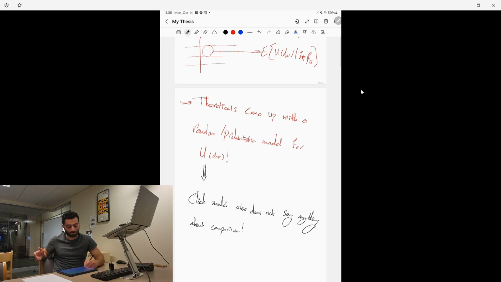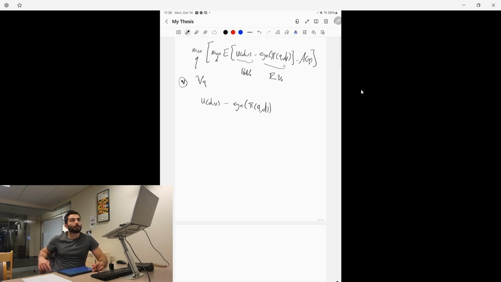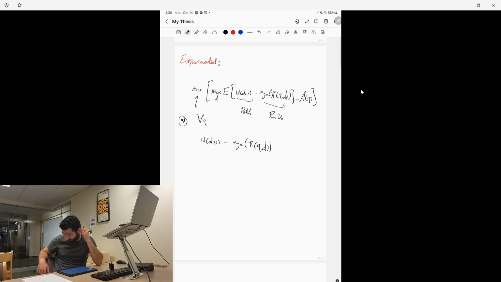It just says the item is relevant. You just need to be seen and you need to be observed. If that is the case, then I want to use the click model.